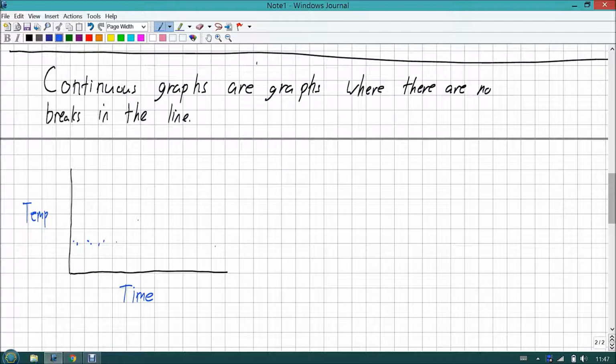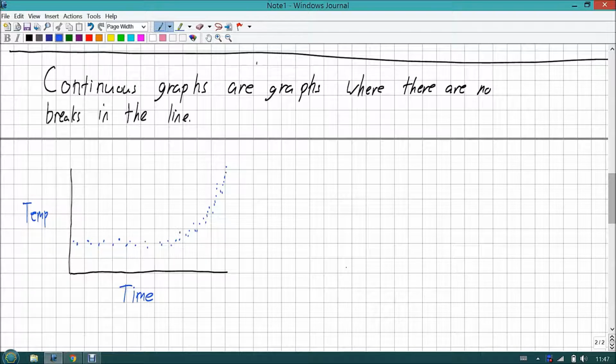And over time, it kind of fluctuated a little bit. But then when we hit the Industrial Revolution, it started being a little chaotic, but started going up, and the average temperature was increasing.